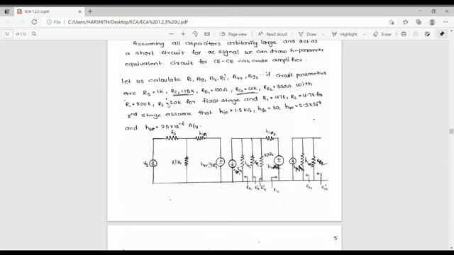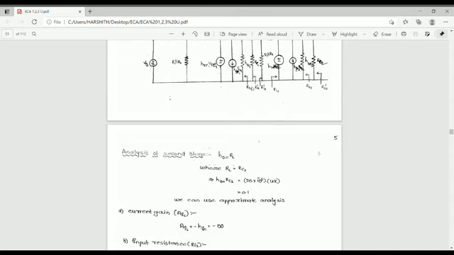Assume that hie equal to 1.2 kilo ohms and hfe equal to 50, hre equal to 2.5 into 10 power minus 4 and hoe equal to 25 into 10 power minus 6. These are all the h parameters. So we can calculate Ri, Ai, Av, Ri.